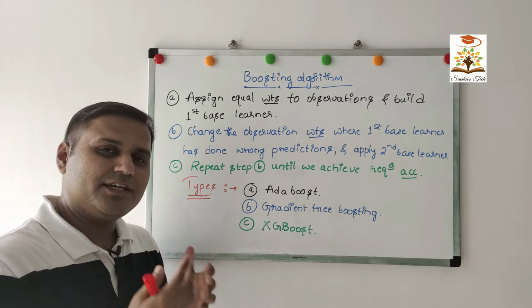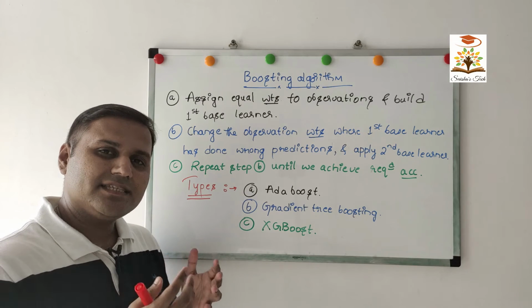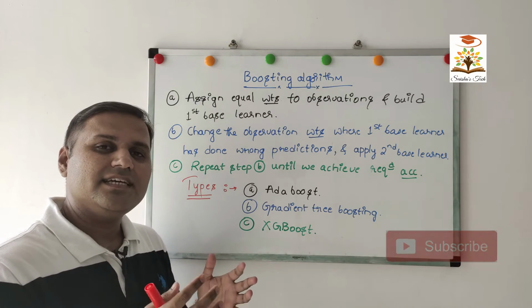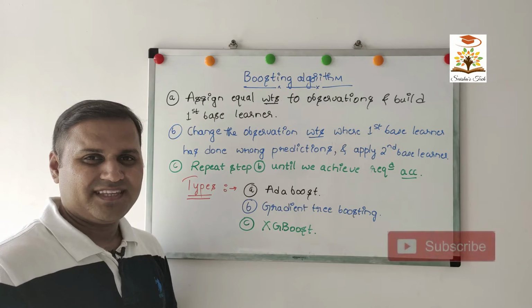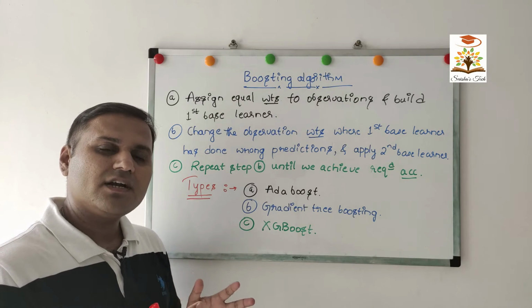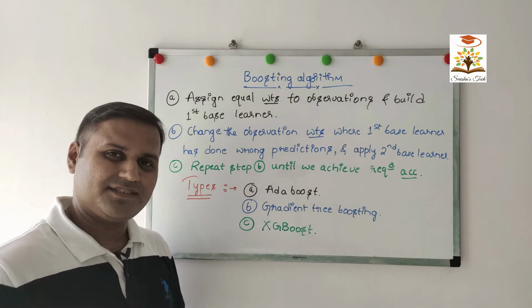This way we continue building the base learners until the required accuracy is achieved. This is how a gradient boosting or boosting algorithm works.